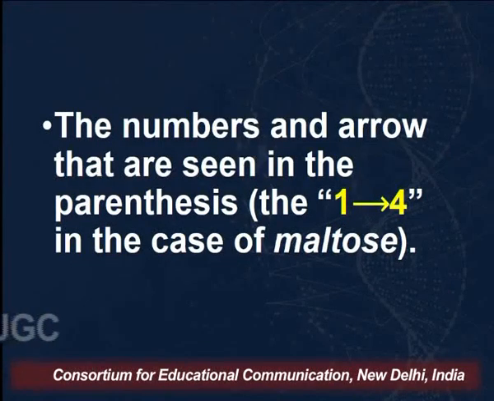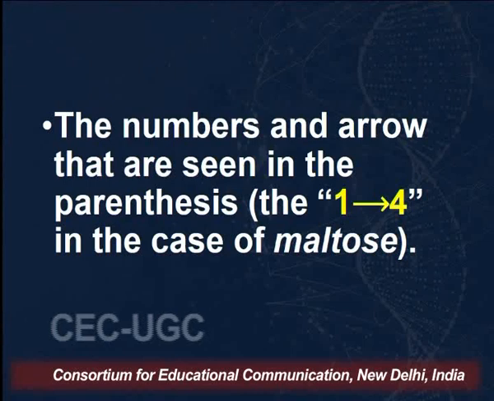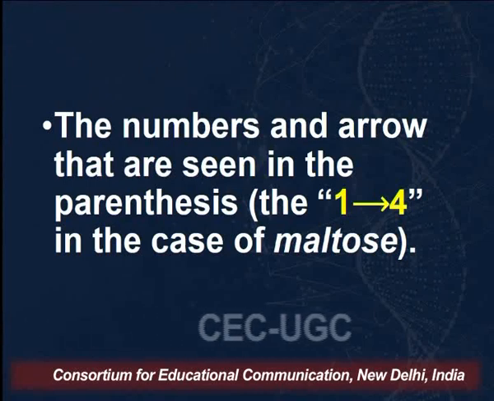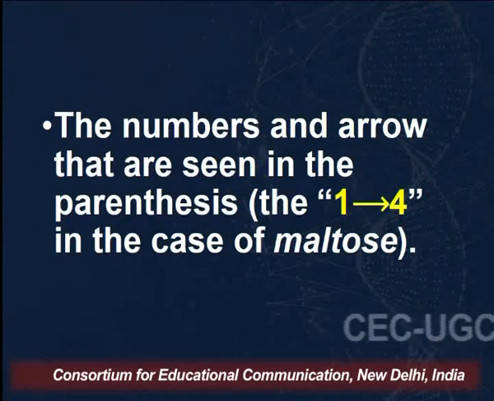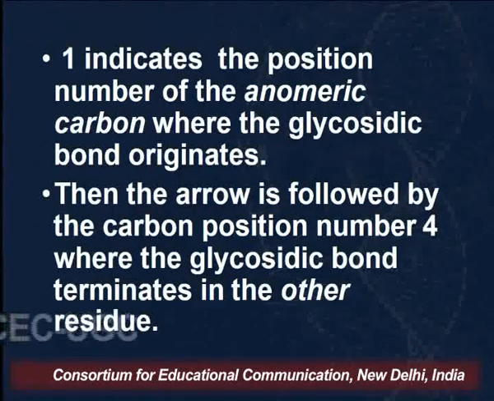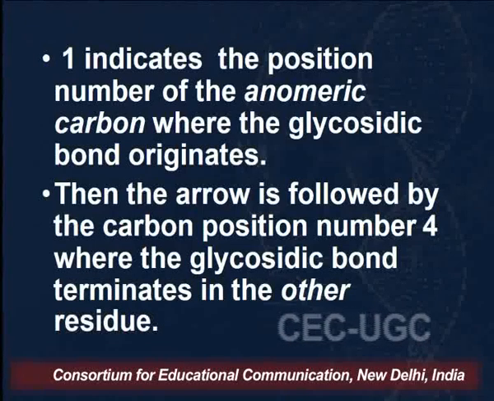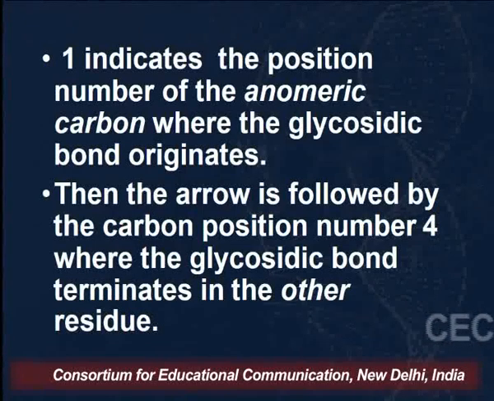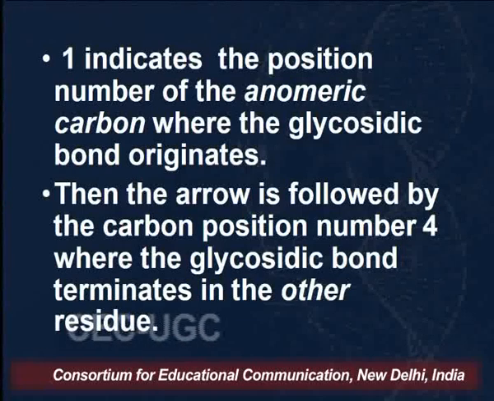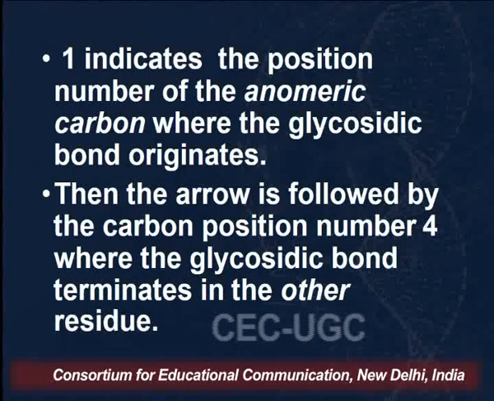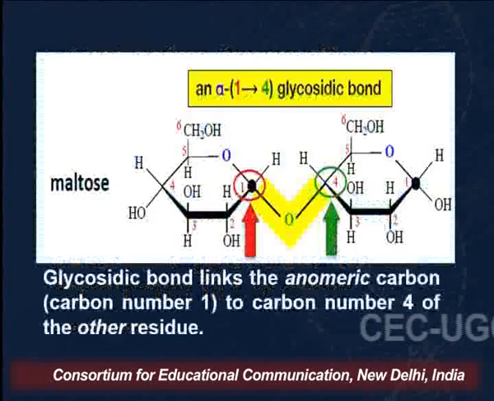The numbers and arrow seen in the parentheses, that is 1 arrow 4 in the case of maltose, clearly indicate the position number of the anomeric carbon where the glycosidic bond originates. Then the arrow is followed by the carbon position number 4 where the glycosidic bond terminates in the other residue.